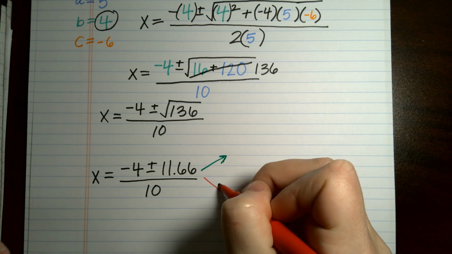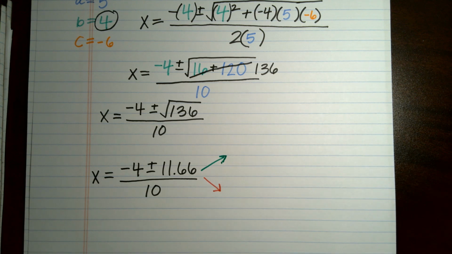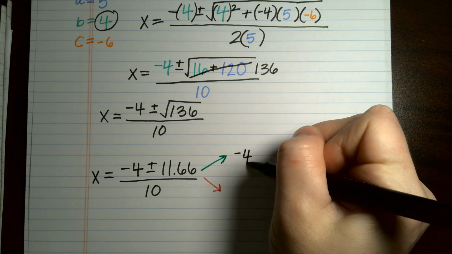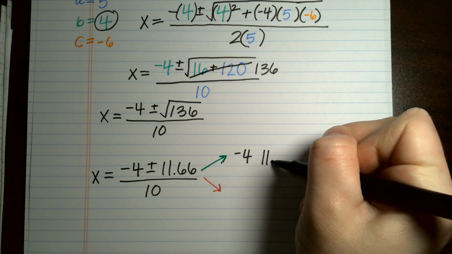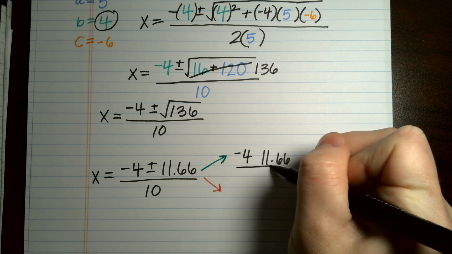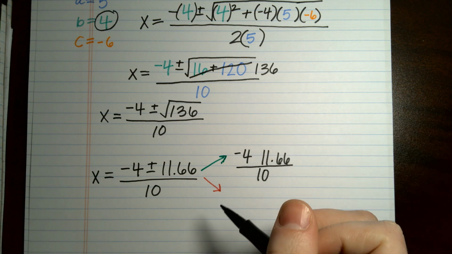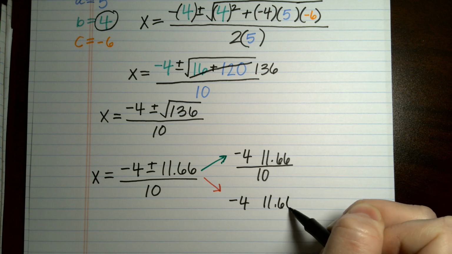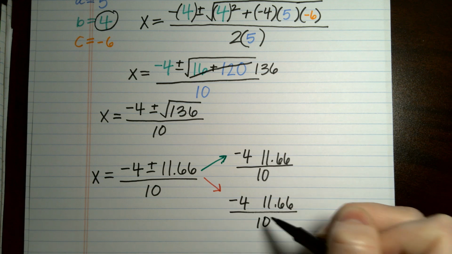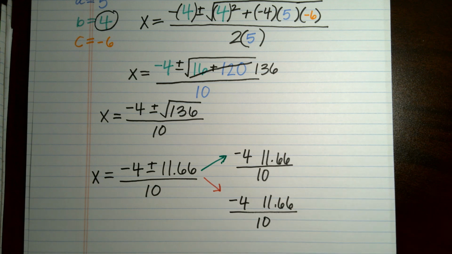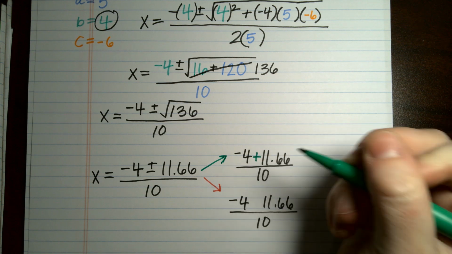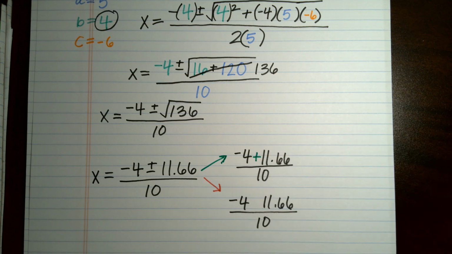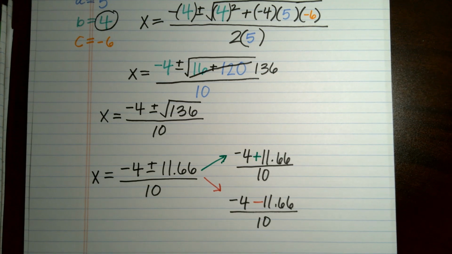I'm going to have a minus equation over here. Let's see what that's going to give us. -4 plus 11.66 divided by 10, and -4 minus 11.66 divided by 10. And I'm going to write my symbols in. Plus and minus.